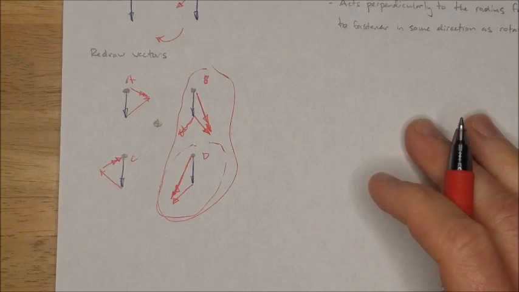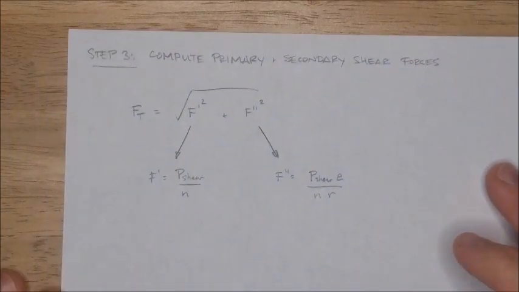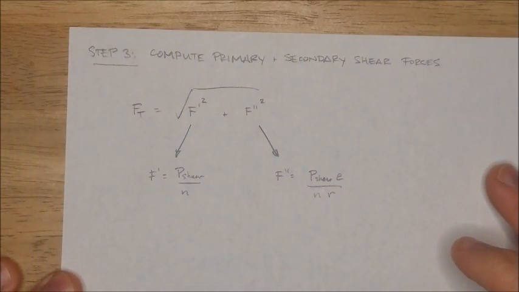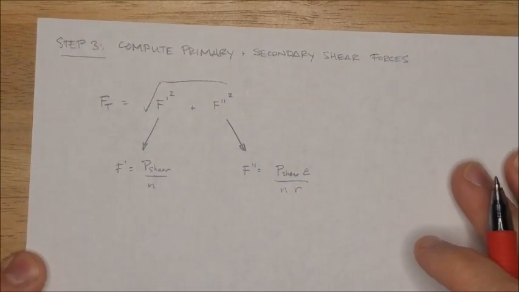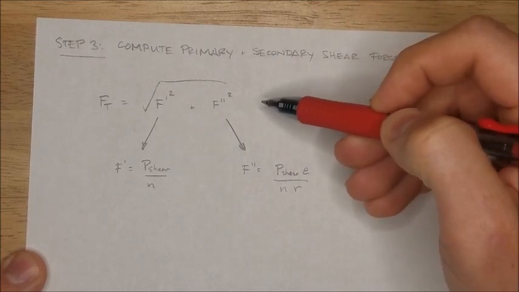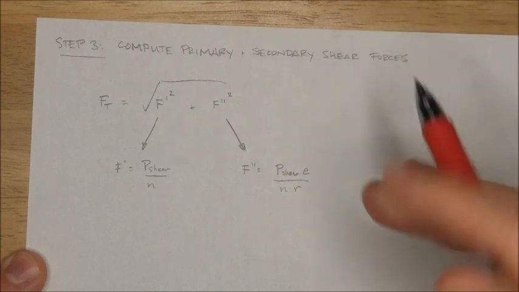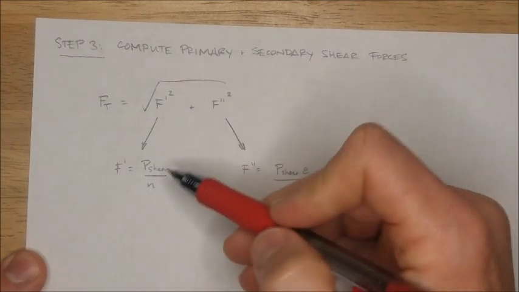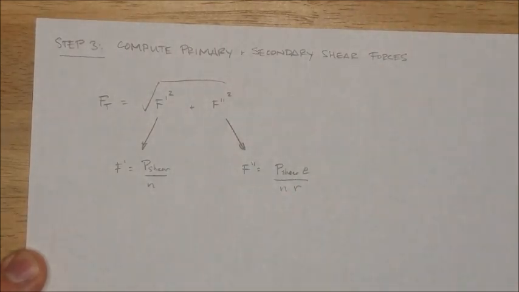All right, good. Now, step 3, we are going to compute the primary and secondary shear forces. Now, again, this is the only formula that we really need to know for how to solve this problem. Let's do primary first, again, because it's the simplest.